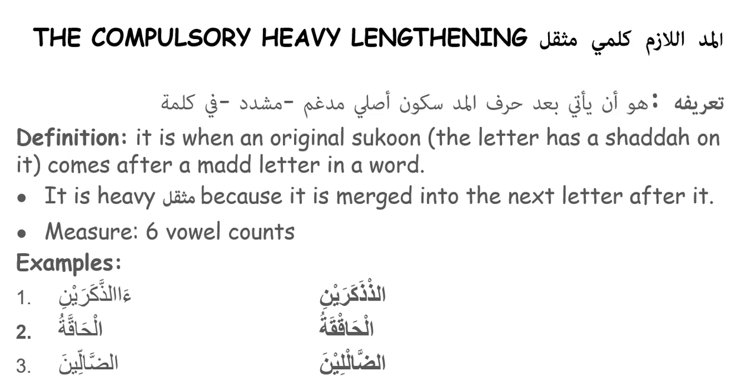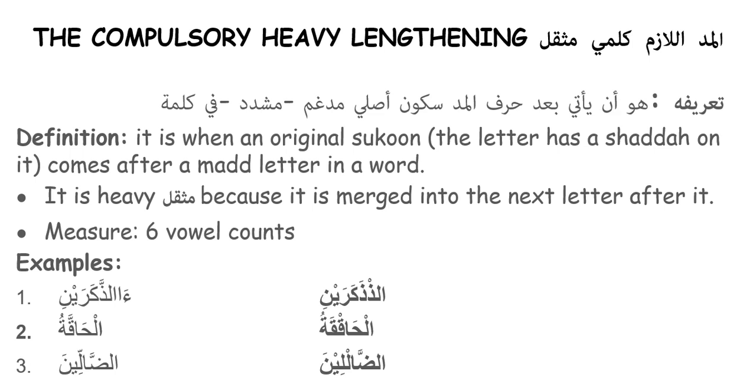Okay, we said sometimes it could be accompanied with ghunna, and sometimes it may not be accompanied with ghunna. It is just important to know that when there is merging, then maddul lazim kalmi muthaqqal is formed.